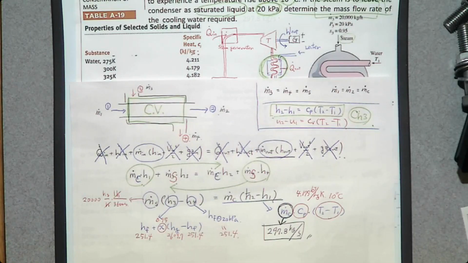About 300 kilograms per second. That's a lot of water. So for cooling system in a power plant, we need a lot of water. That's why we built a power plant near free coolant, which is lake or river.